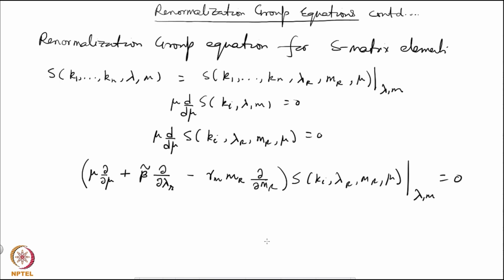So this is the renormalization group equation that you get for S matrix elements or any other physical observables. It will be this thing.